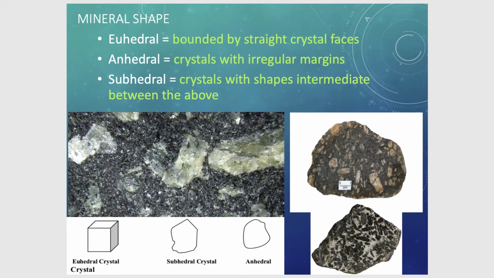And these are other examples, which will likely be, because of the lozenge shape and other features, amphibole that has precipitated in this particular specimen.